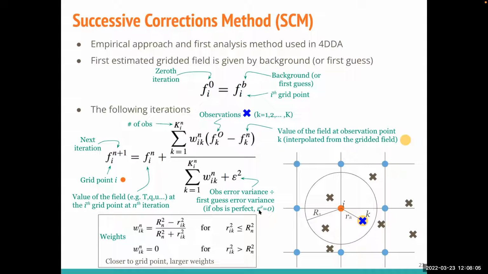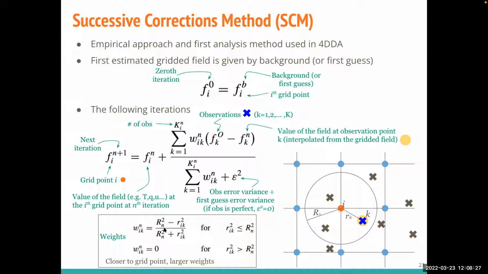If the observation is perfect, then the variance of your error should be 0. Of course it's not 0. This is an empirical approach. There are a lot of things you need to decide, for example, the circle, right, and the weight here.